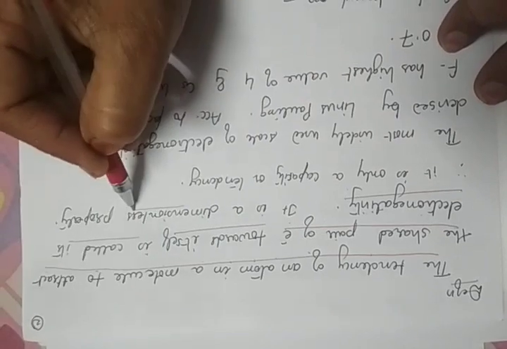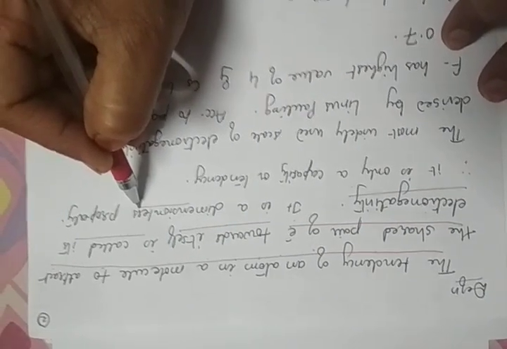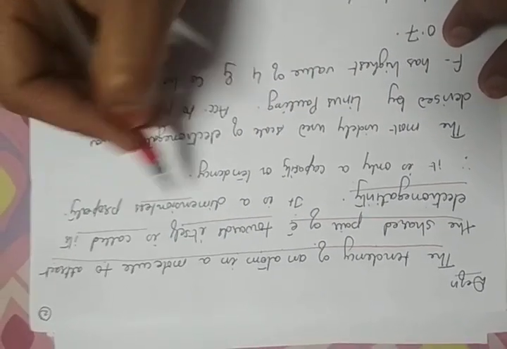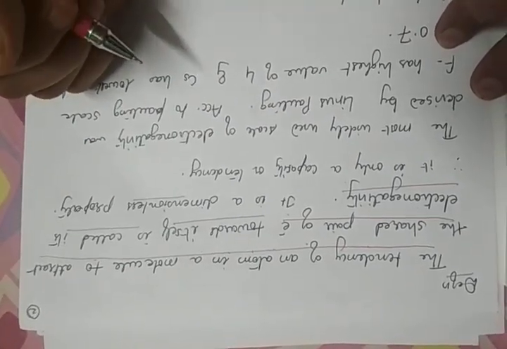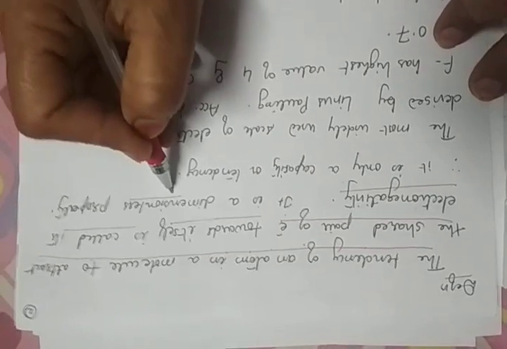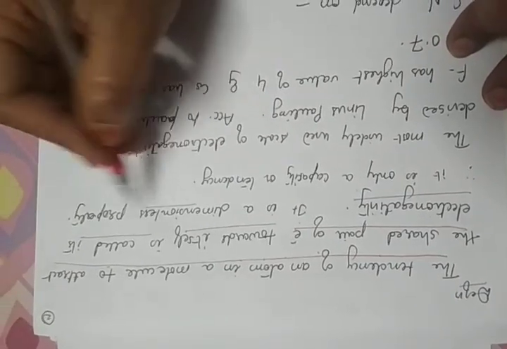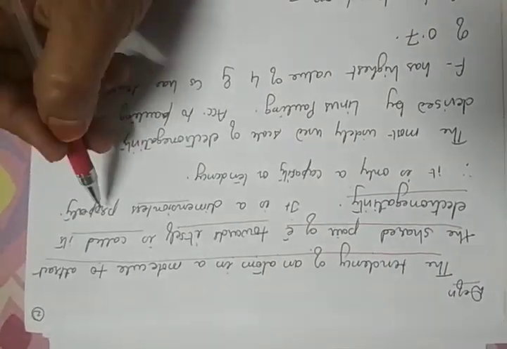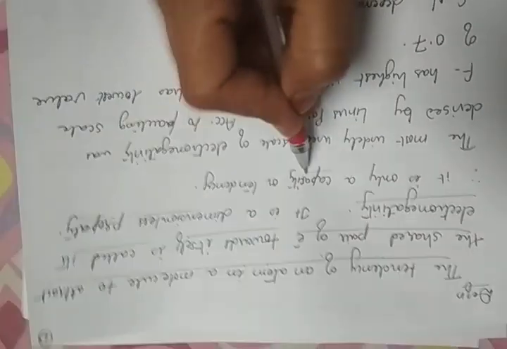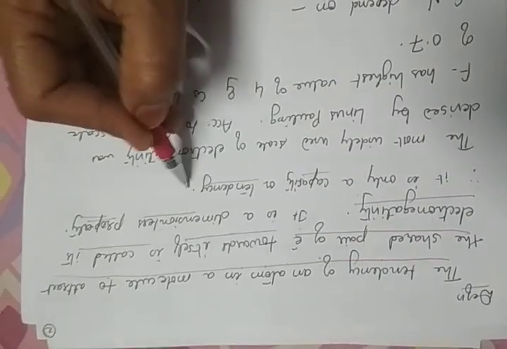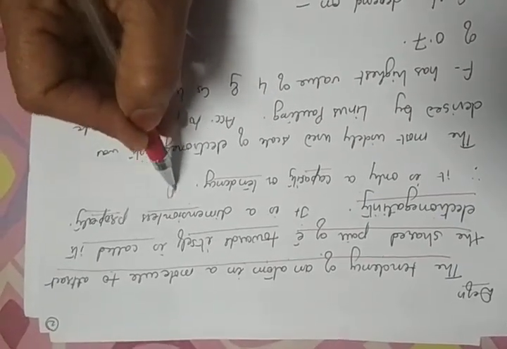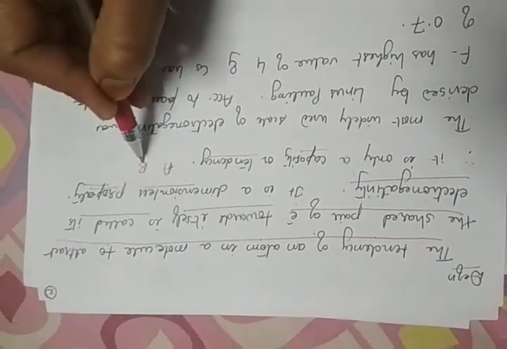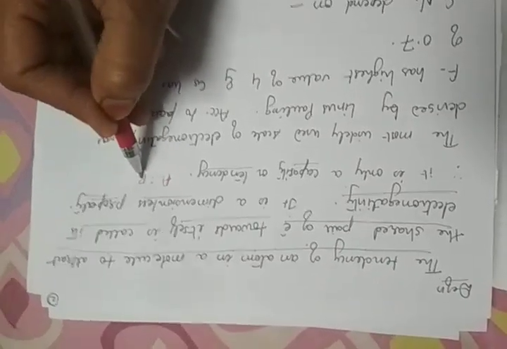It is dimensionless because it is the net result of two capacities. Which one is more capable of taking the shared pair of electrons towards itself? That resultant capacity is dimensionless. So electronegativity is a dimensionless property. It is only a capacity or a tendency, and also it is a resultant property, because between the two atoms, one is more capable of taking the electron pair towards itself.